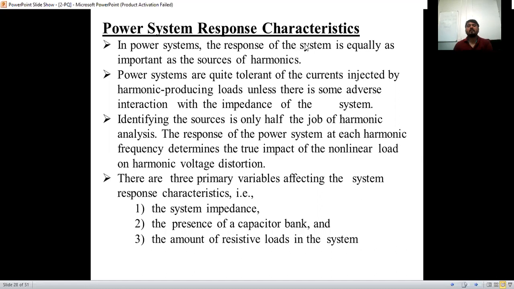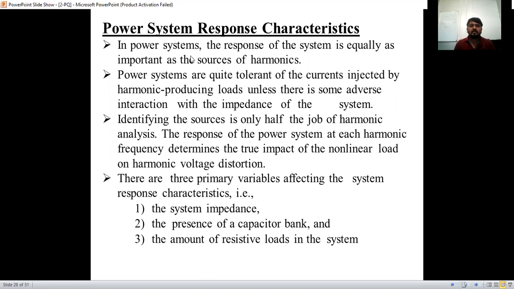The primary variables affecting the harmonics, or the power system response, depend on the system impedance, the presence of a capacitor bank, and, if present, the amount of resistive load at resonance. These three are the major variables, the primary variables affecting the system response characteristics.